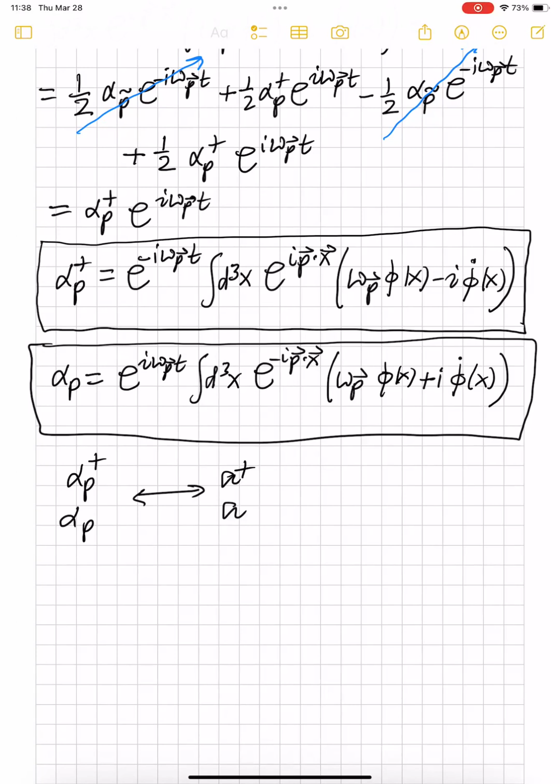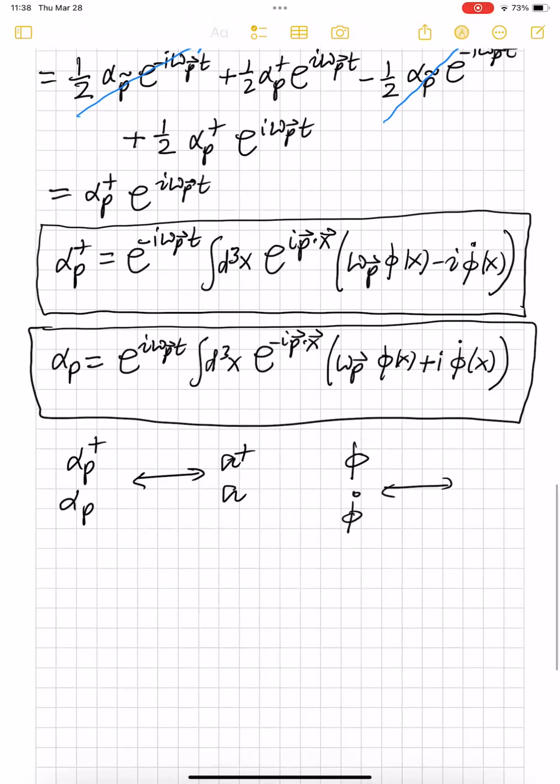We also have phi and phi dot. And the natural identification to make is that phi is like the position x, and phi dot, so that would be something like x dot, that's like the momentum p. So this is how you should be translating between our field theory and the harmonic oscillator.